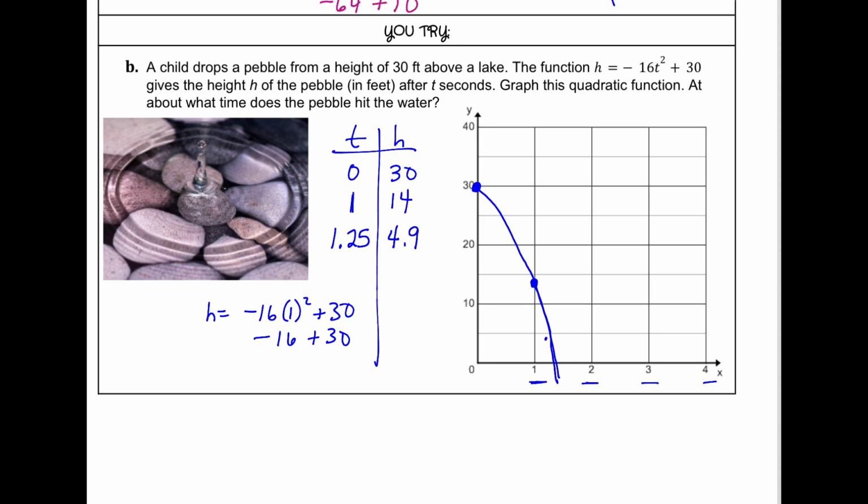That would be about right here. My graph's a little off. And you could try to get closer and closer. But if we're just generalizing and not needing to get too specific, we could say about 1 second. So what time does the pebble hit the water? The pebble hits the water in about 1 second, or a little over a second.